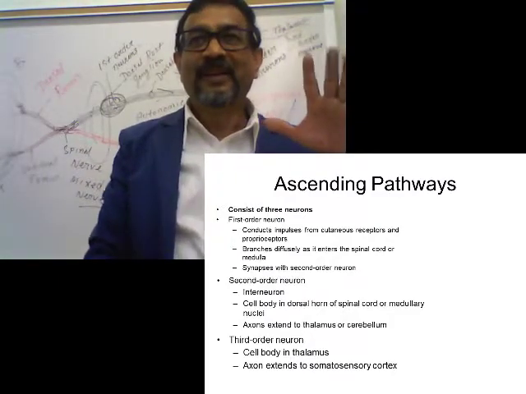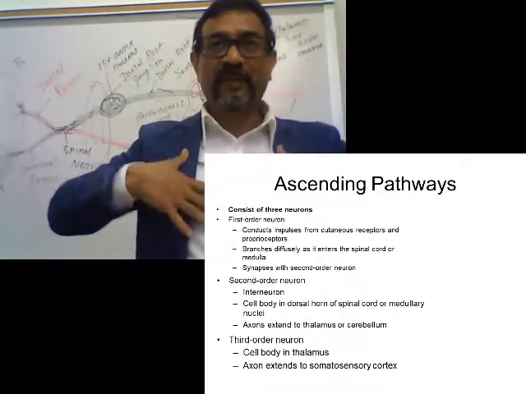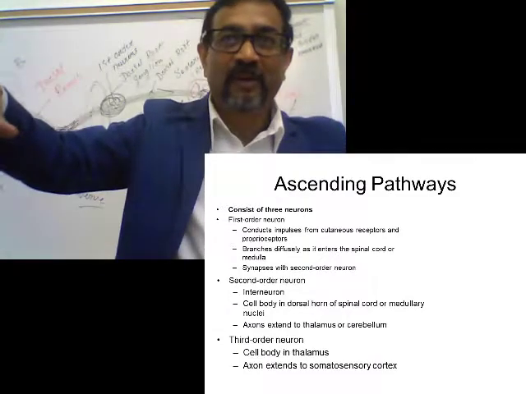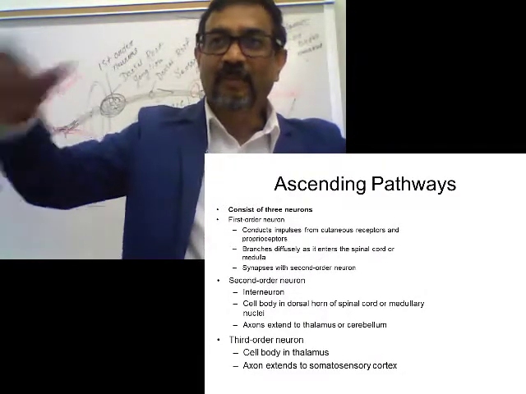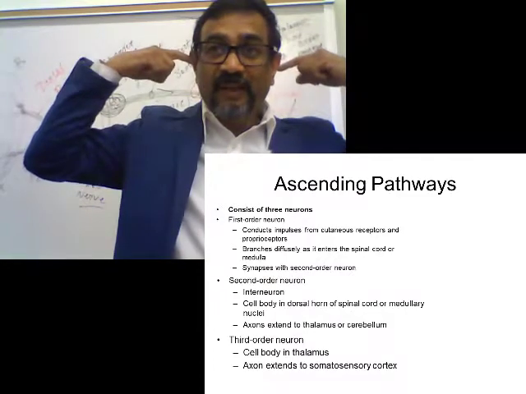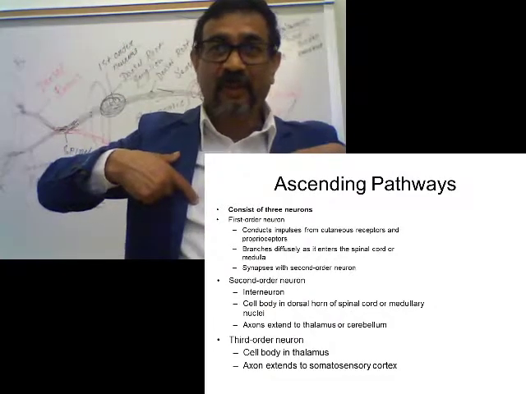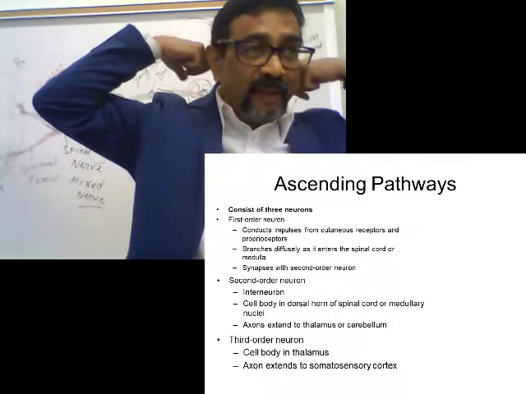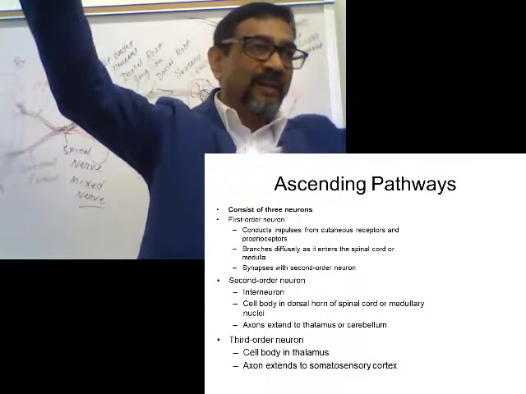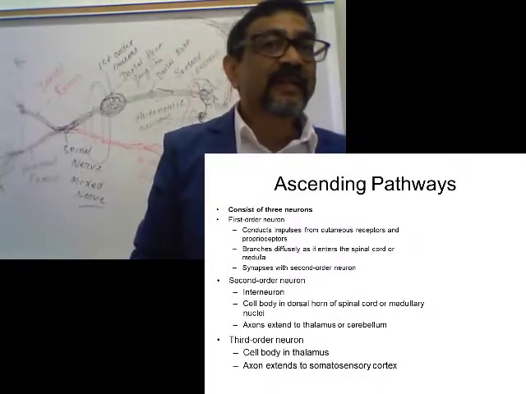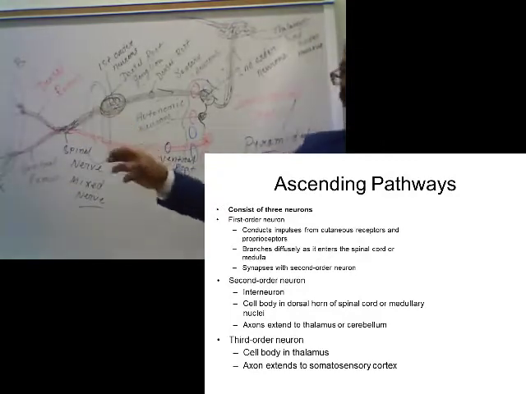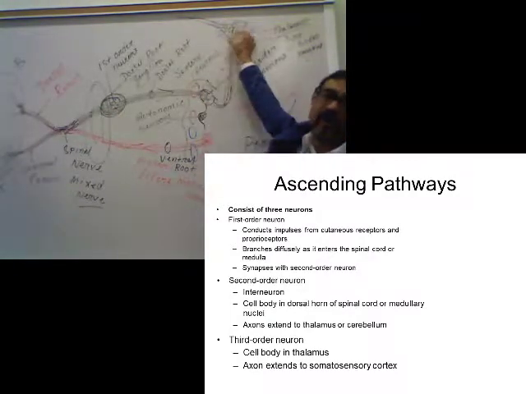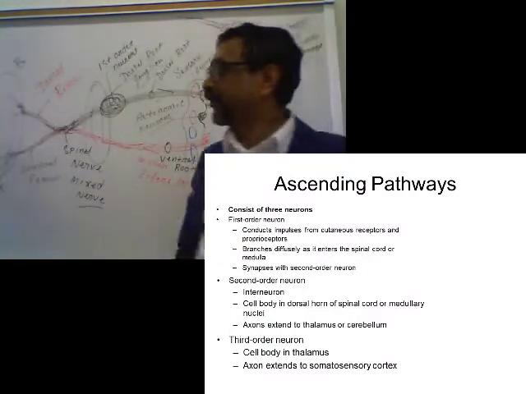So from the lower part, below this, the signal will go to the spinal cord, dorsal horn. But if from here, it should not go to the spinal cord, it should go to the medulla oblongata in the brain here. Then go to the thalamus. Makes sense? So in that case, the second order neurons are not here, but in the medulla oblongata of the brain.